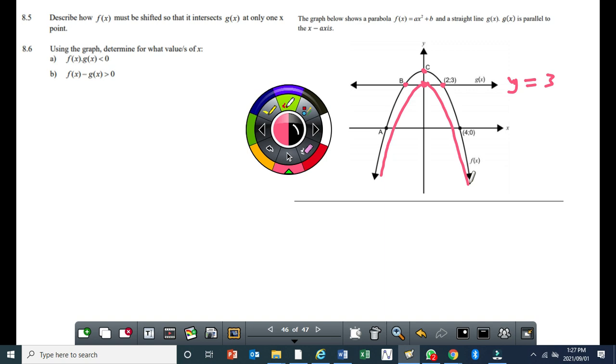So the answer there is by shifting f of x 1 unit down. That would be your answer. If you move it downwards by 1 unit, you end up shifting f of x 1 unit downwards. Okay?